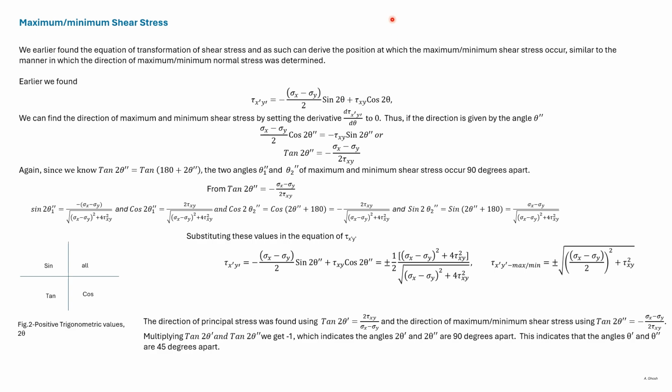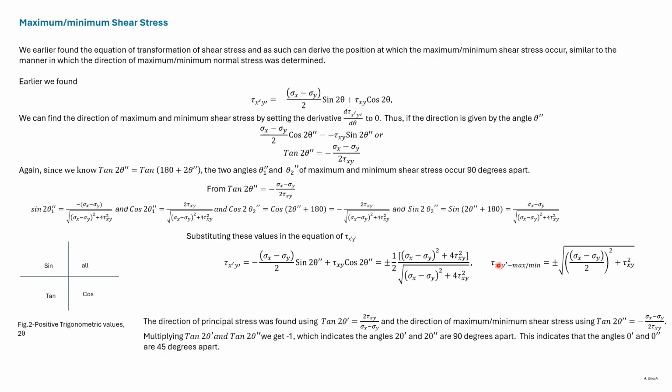We first substitute sine 2 theta double dash 1 and cos 2 theta double dash 1 in this equation. We then get this term with a positive sign. We then substitute sine 2 theta double dash 2 and cos 2 theta double dash 2 in this equation, and we get this term with a negative sign.